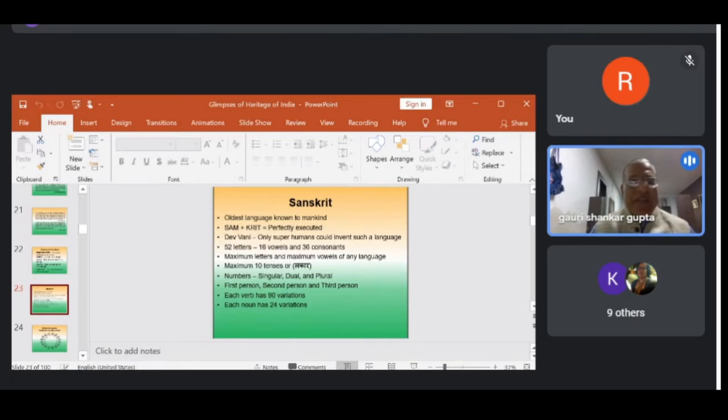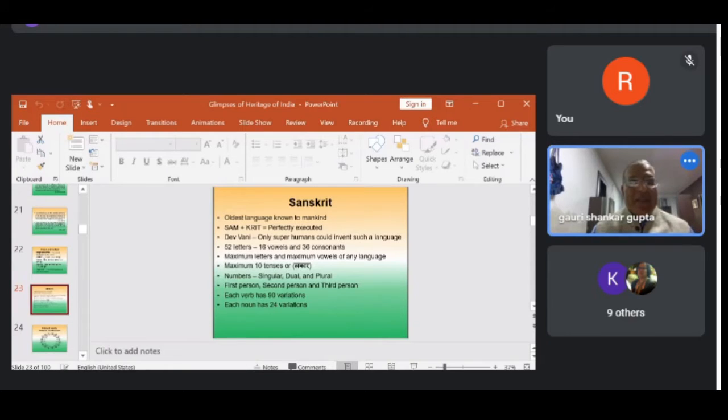Now, Sanskrit has 10 tenses, which is extremely unusual, because most languages in the world have about 5 or 6 tenses. Sanskrit had 10. They are called lakar. That is the word used for tenses in Sanskrit.